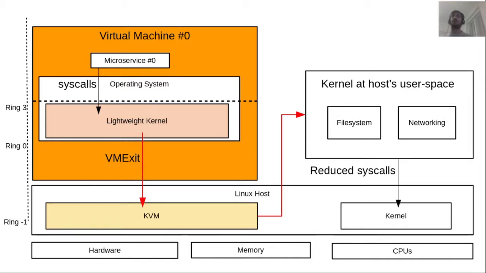In the host, this process emulates the service that a kernel will offer, like file system or networking. Such service will be provided by using a minimal interaction with the host kernel. The reason to do this is to reduce the attack surface of the host kernel as much as possible.